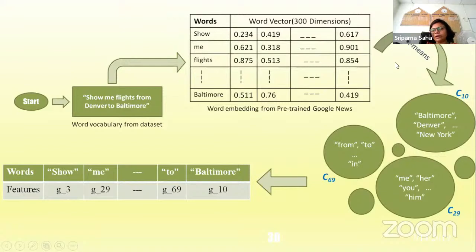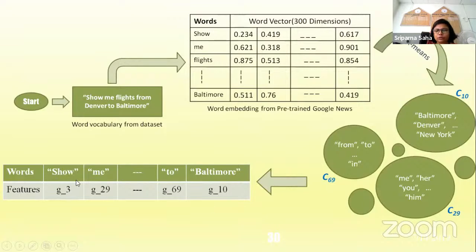Now we apply the K-means algorithm, and by applying it we group the similar words. All the city names are grouped together, all the prepositions are grouped together. This way, the words which are semantically similar are grouped together. Then we replace the word by the cluster ID.